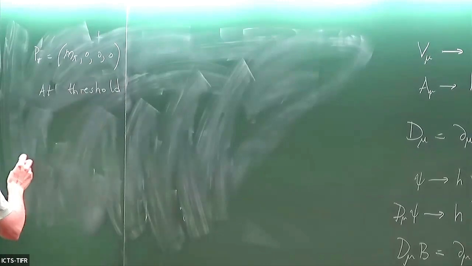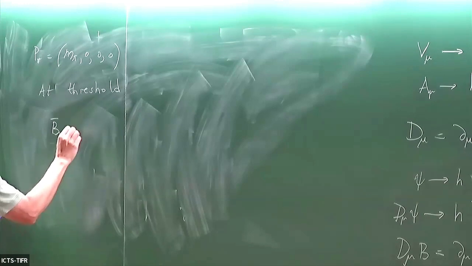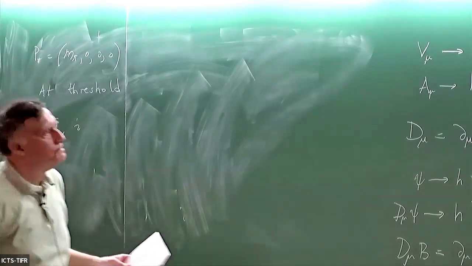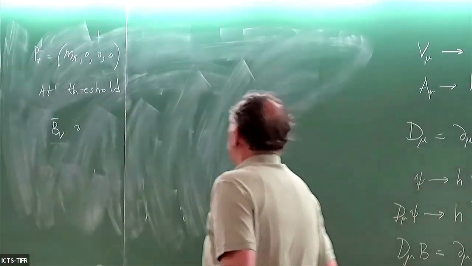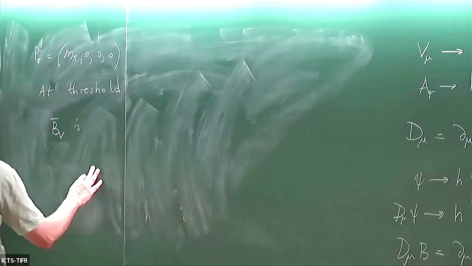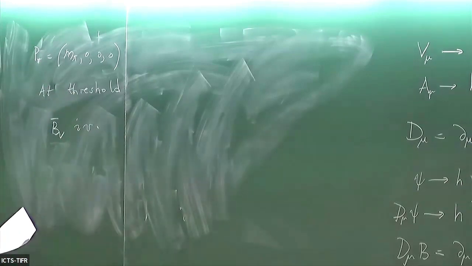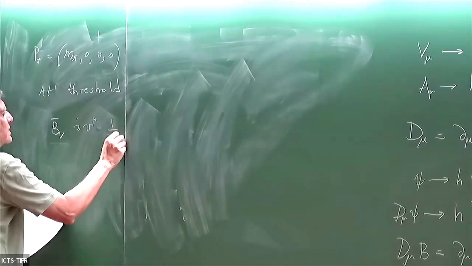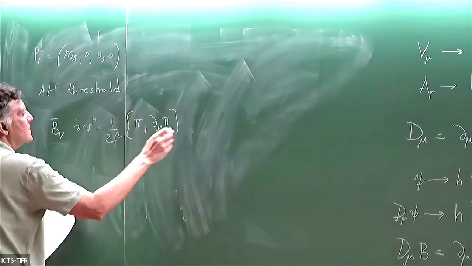And then the interaction term is b bar v I. I erased what I wanted, but okay. V dot v mu, but v mu we saw was 1 over 2f squared pi commutator d mu pi plus higher order stuff.